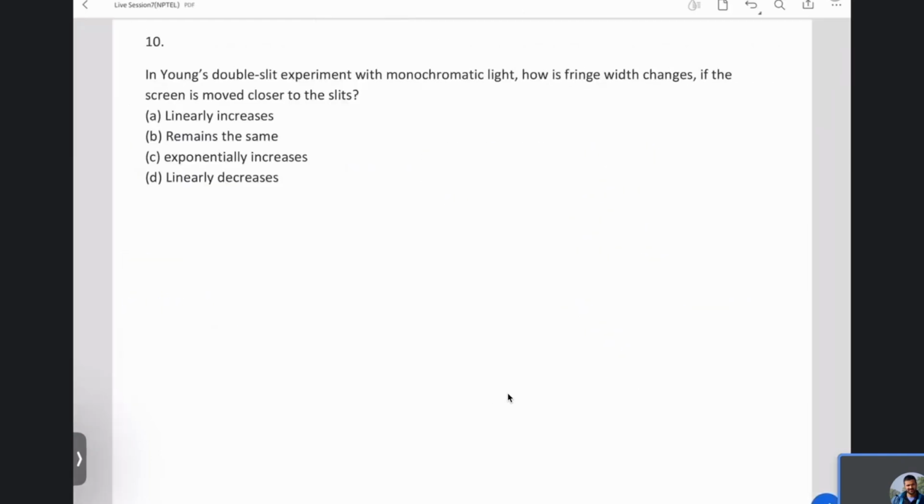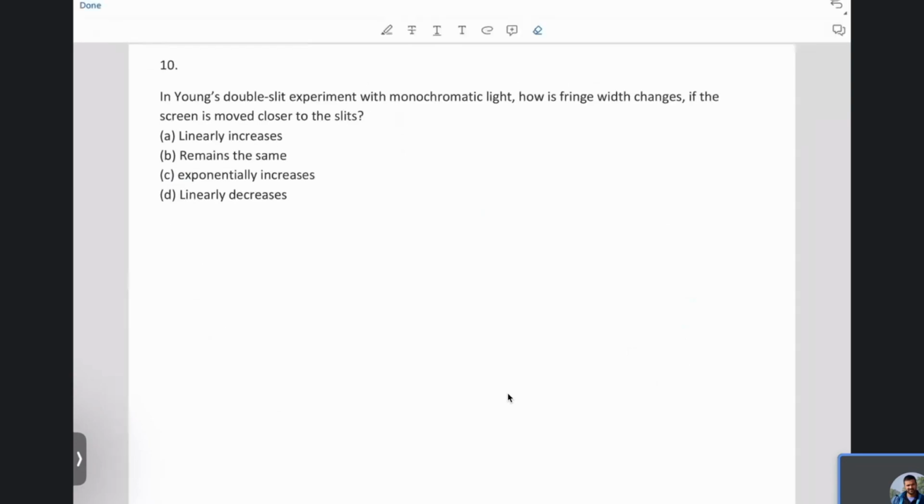Then 10th problem. In Young's double slit experiment with monochromatic light, how does the fringe width change if the screen is moved closer to the slit? So we know that the fringe width is given by lambda D by d, right?